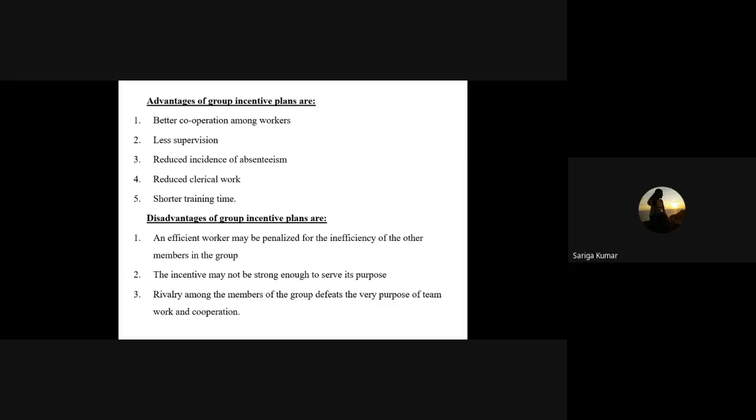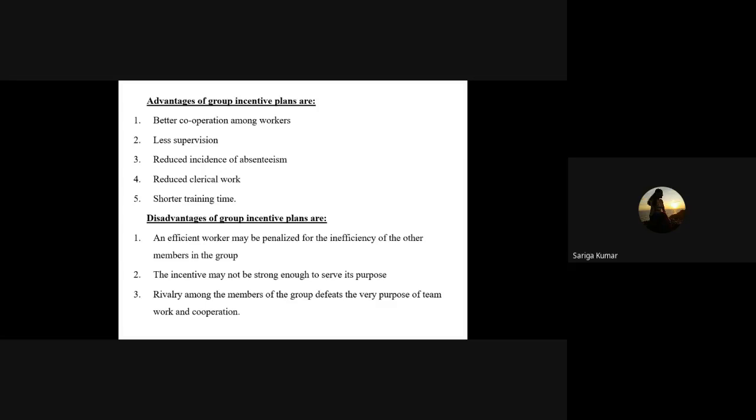Then we have the disadvantages of group incentive plans. Sometimes one or two people among the group become very inefficient, and due to their misbehavior the entire group will be penalized.